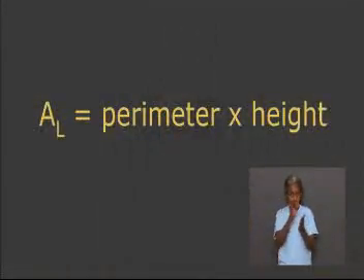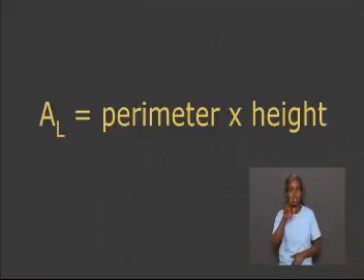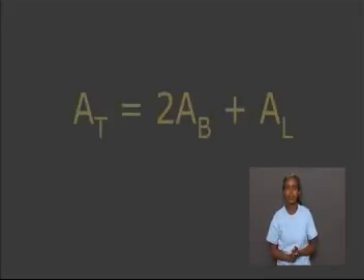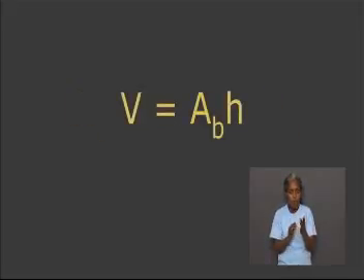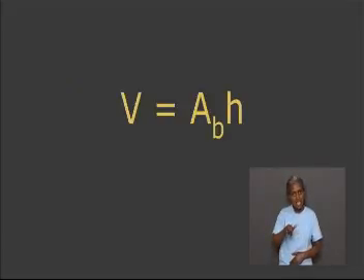Our formula for finding lateral surface area is A sub L equals perimeter times height. Total surface area, A sub T, equals 2 times the area of the base plus A sub L. The formula for volume is the same as it was for the circular cylinder.